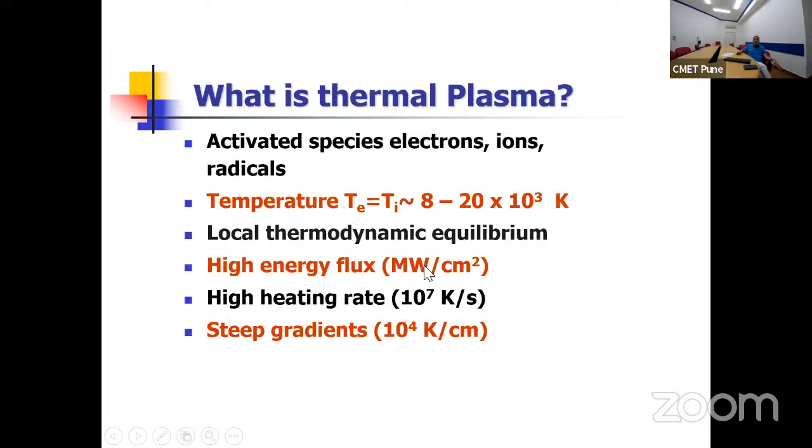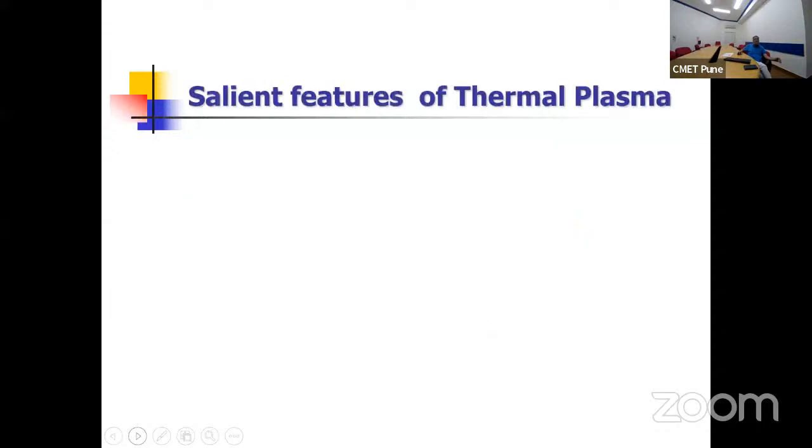High energy flux in megawatt per centimeter square, high heating rate, 10 to the power 7 Kelvin per second, and steep gradient. Because of that steep gradient, we are forming the nanoparticles. If you heat at 10,000 and then cool, we are forming them; I'll show you.